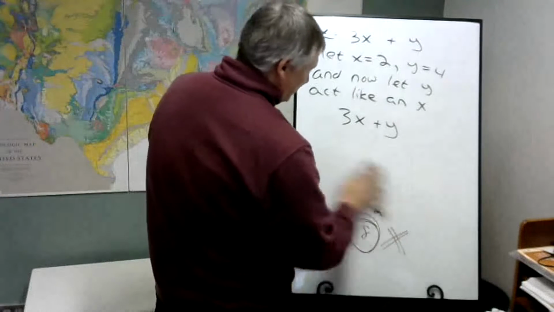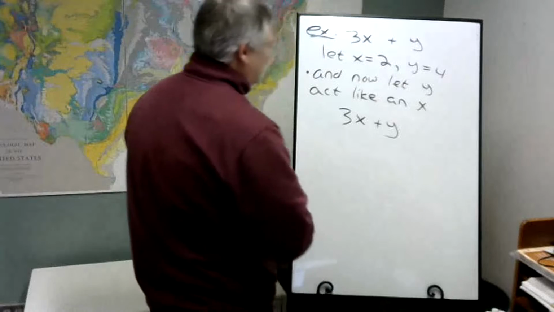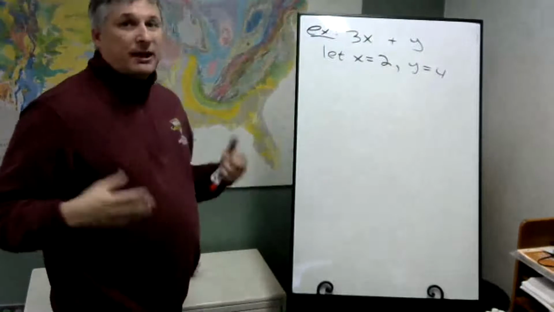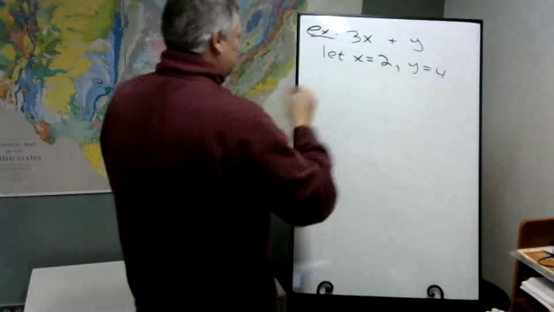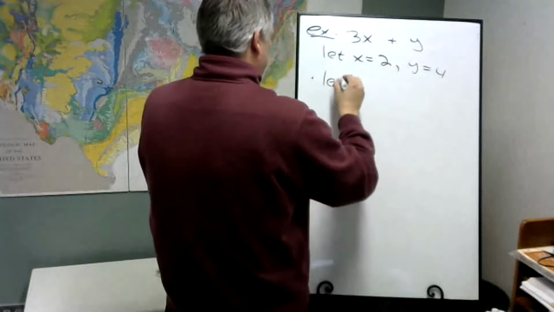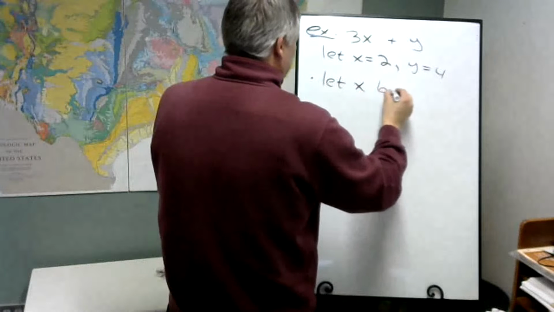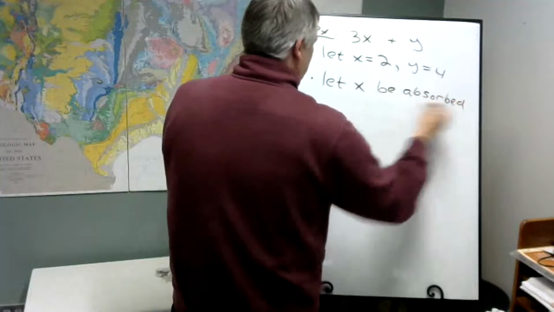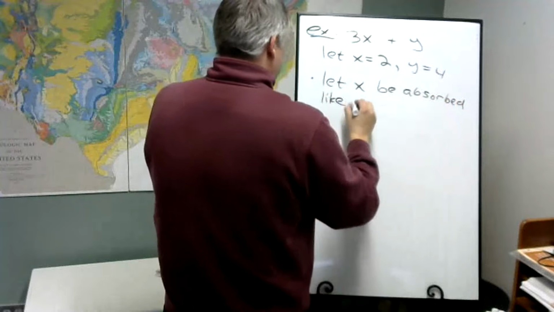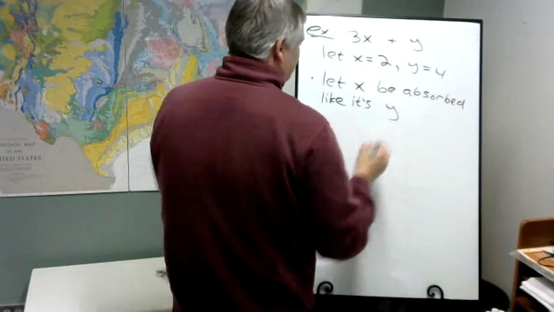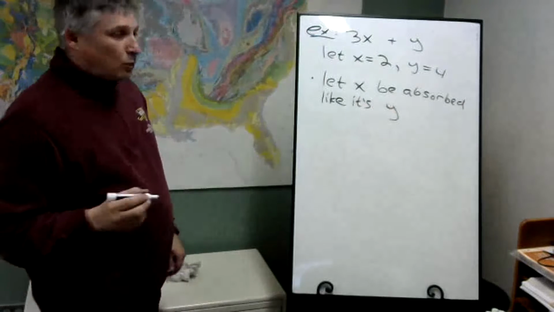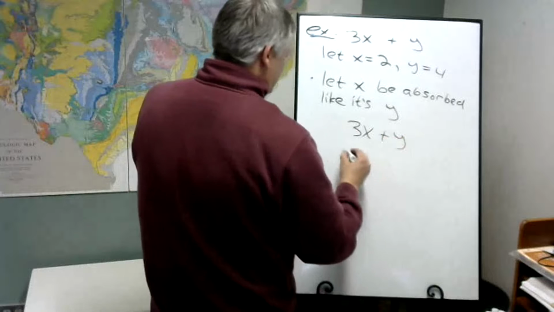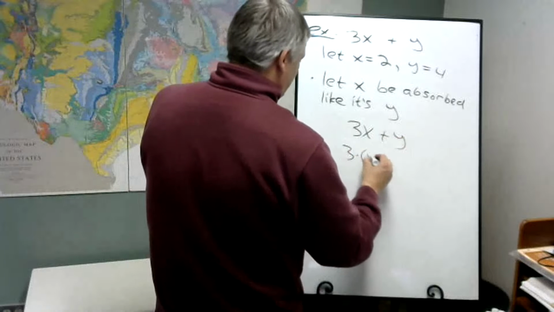Now, same thing, if we let the x's be absorbed like they're y's. Well, in that case, we have 3x plus y, but the x will be treated like it's a y.